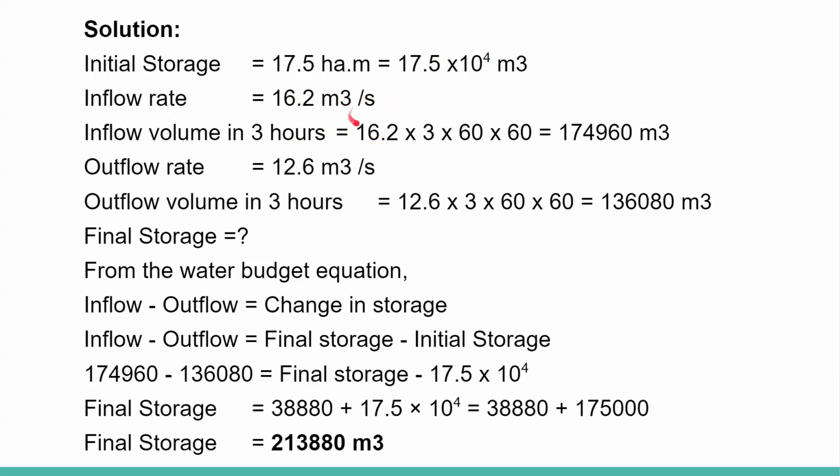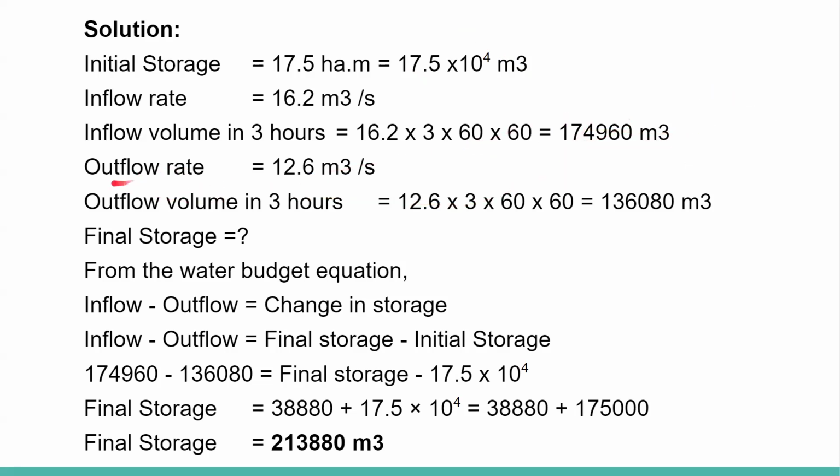Since it is in seconds, we multiply it with 3 into 60 into 60 seconds, and we get the total inflow volume during the 3 hour period. So we got the inflow volume.